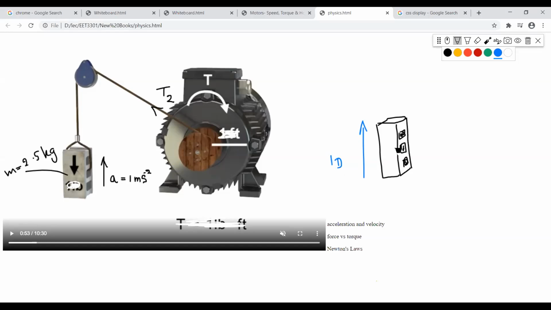So all the vertical force components I have to draw here. I have the tension T1, I have the weight of the load, and as additional information in this direction, I know the acceleration.